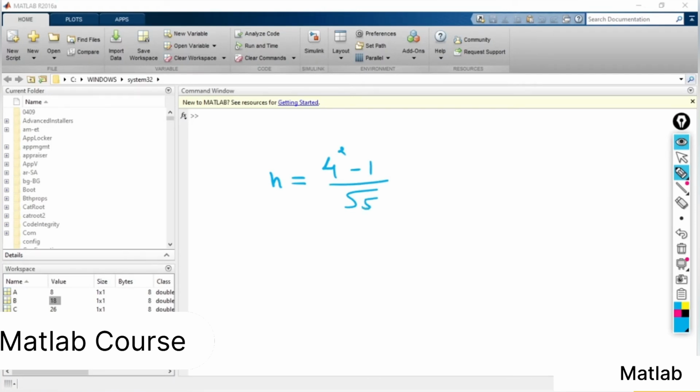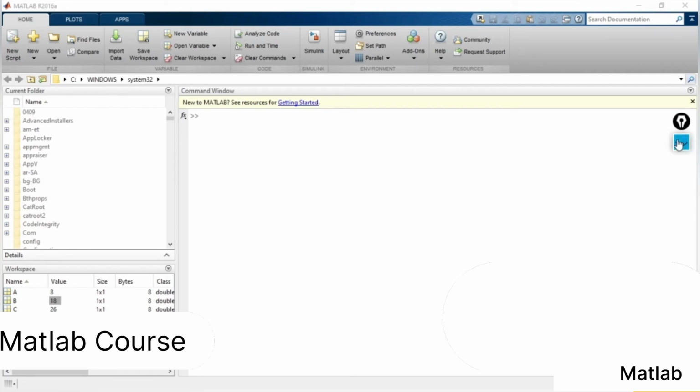So this is the equation, or this is the formula which I want to implement in MATLAB. So keep this in mind, 4 square minus 1 divided by under root 5. Let me show you how we can implement this, right? The formula was 4 square minus 1 divided by under root 5.